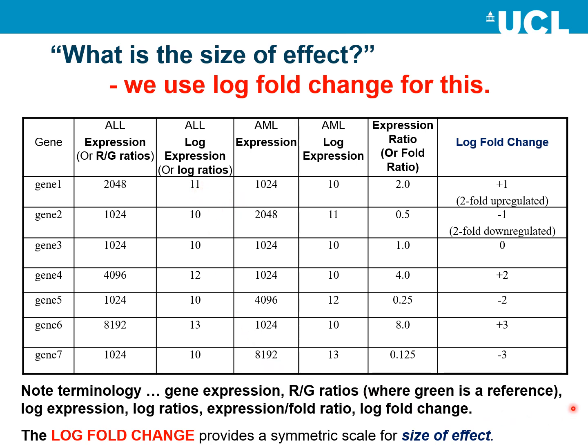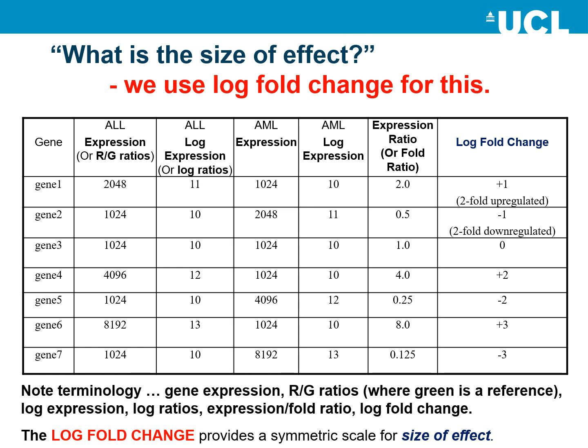So the terminology can become a bit confusing at times. But the log fold change provides a symmetric scale, unlike the ratios, and it gives you the size of effect. Most genes will only be upregulated to about +4 or +5, or -4 or -5. So we're talking a 16-fold increase or a 32-fold increase.